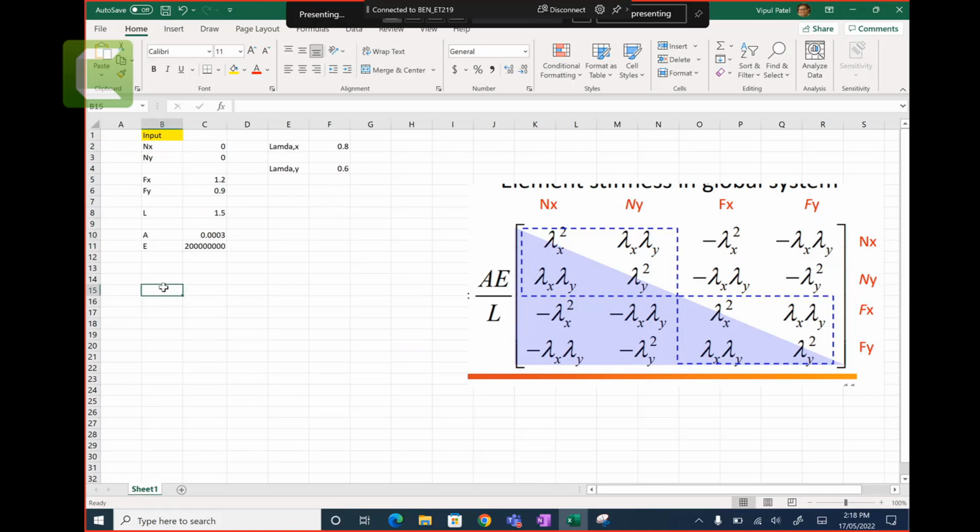And let's do the K1 here. K1 equal to lambda x square, equal to lambda x times lambda y, equal to minus lambda x square.